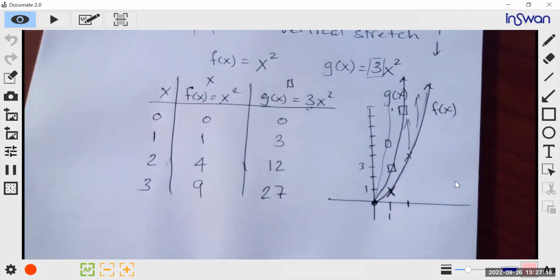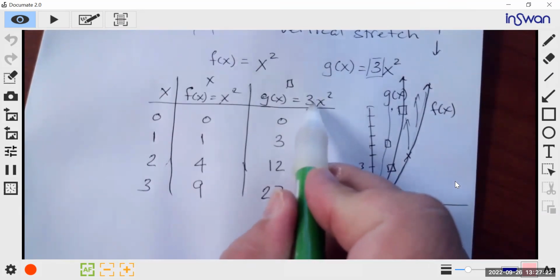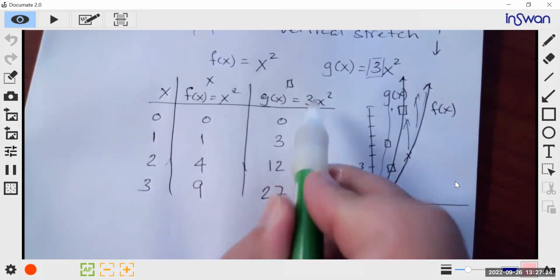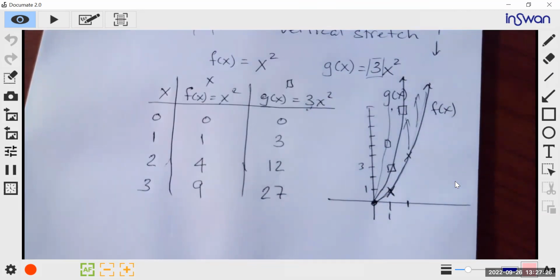That's a vertical stretch. So if I have an integer in front of the function bigger than 1, that means from the original graph, I stretch it vertically.